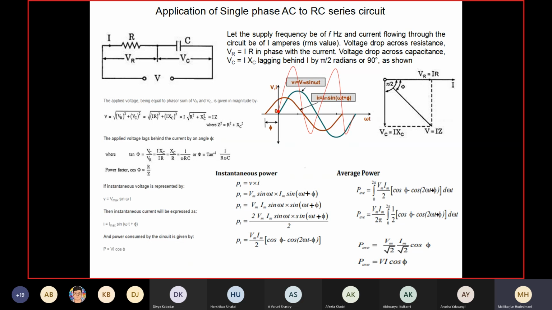Vc is I into Xc. Capacitive reactance, I into Xc. Then total applied voltage V is VR plus Vc vectorially. It is not algebraic, vectorially. So this is what we get from the very basics.